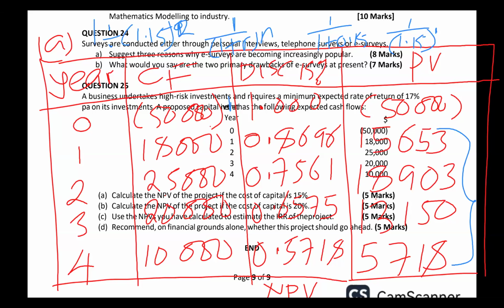You're welcome. So can you add all these and tell us the present value? Add, then you deduct 50,000. It's giving 3,424.